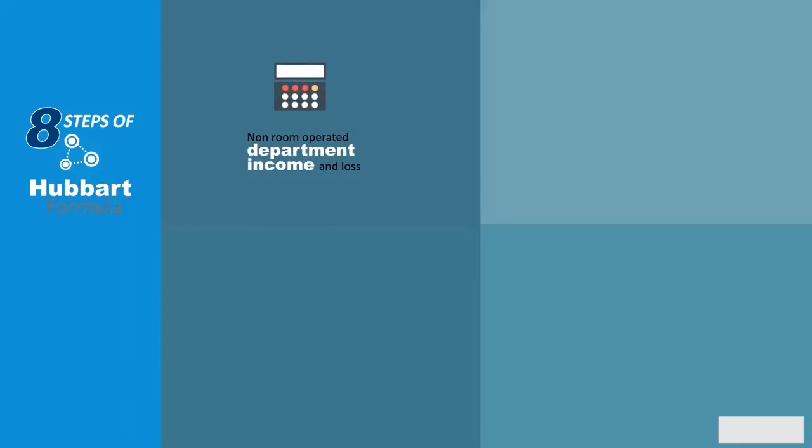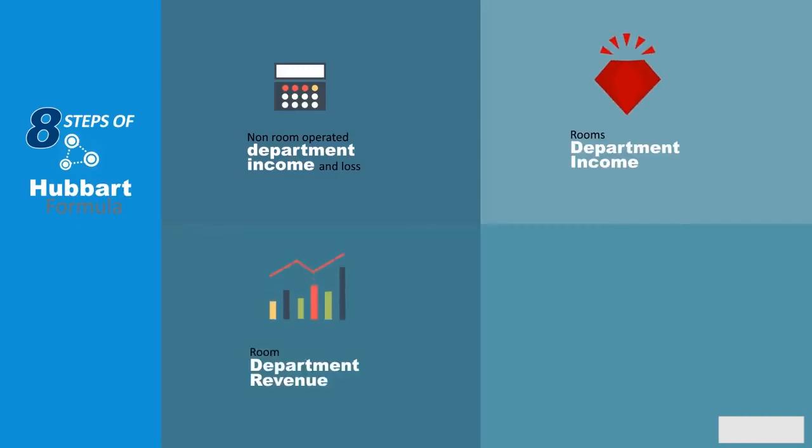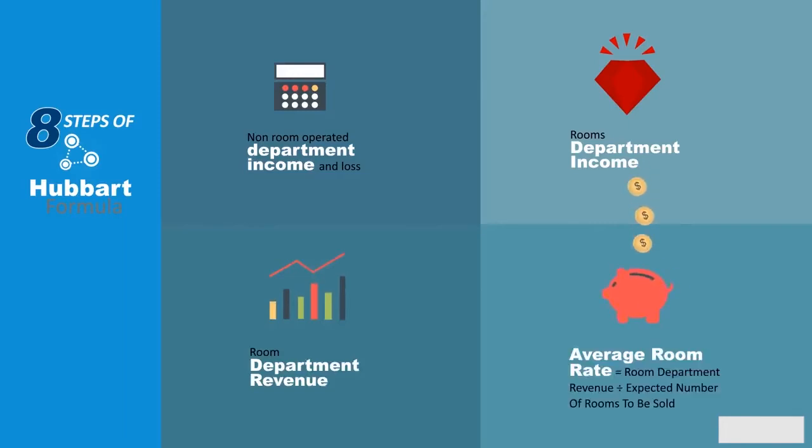Step 5: Estimate non-room operated department income and loss, that is, food and beverage and other departments' income or loss. Step 6: Calculate the required rooms department income. Step 7: Determine the room department revenue. Step 8: Calculate the average room rate by dividing room department revenue, step 7, by the expected number of rooms to be sold.